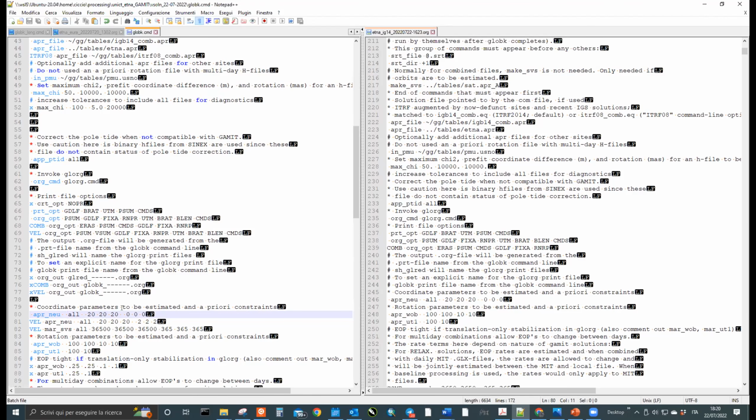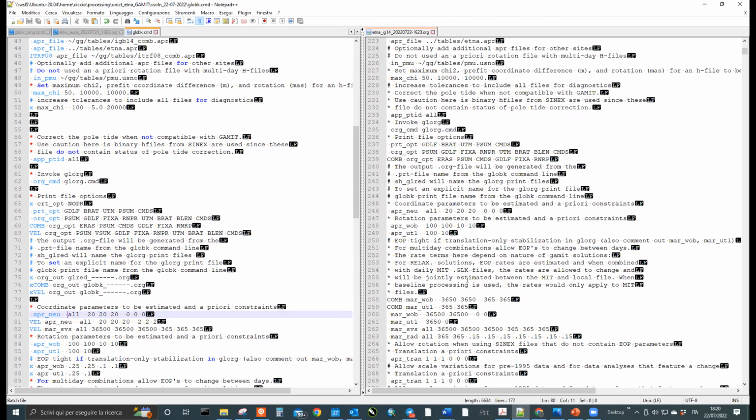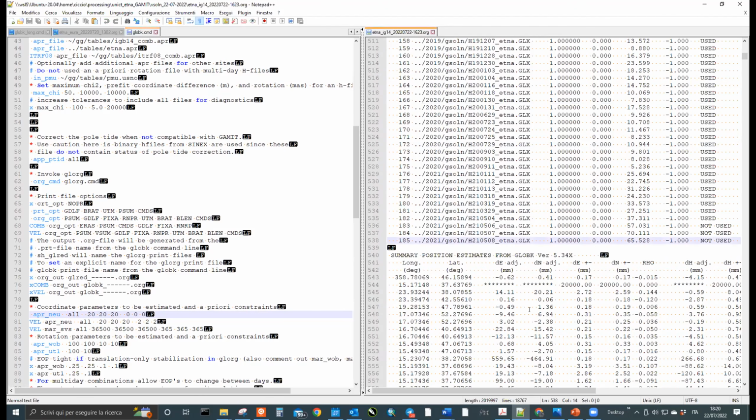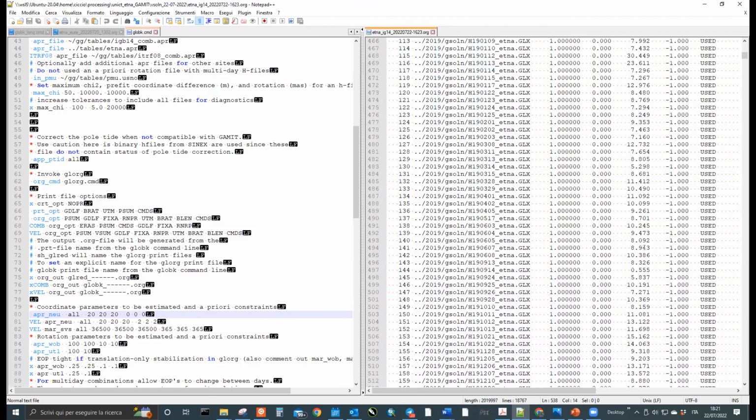So you are using files from 2014 combined with files from 2015 and 2016, but you are not estimating velocity. You are not allowing the position of the sites to change with time. So the result gets progressively worse because you are trying to estimate position only with 0 velocity. The solution in 2021 is not allowed to move relative to the positions in 2014, so the fit becomes progressively worse.